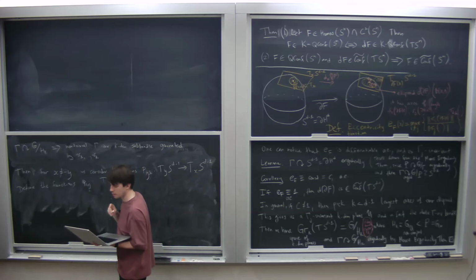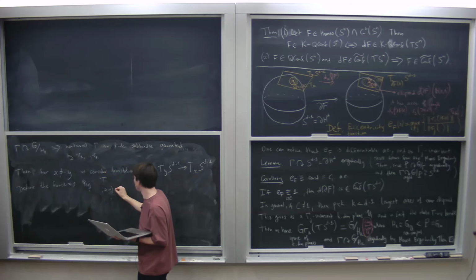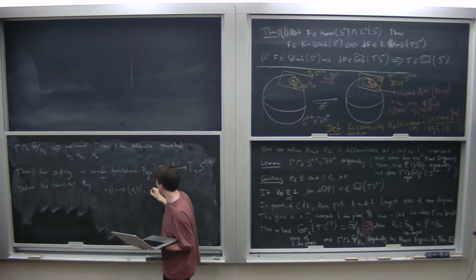The function will be defined as follows. I take two points x and y, and I take the scalar product of v_i of x and P_yx applied to v_j of y.